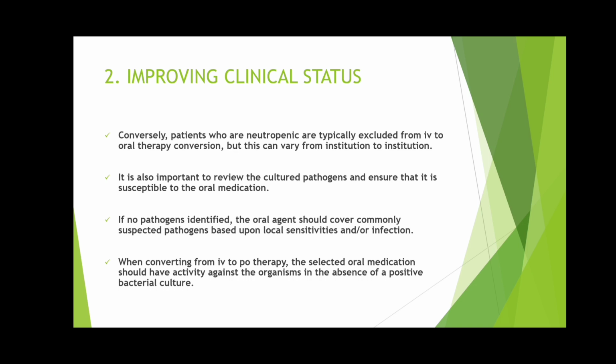It is also important to review the cultured pathogens like bacteria, fungi, etc. and ensure that they are susceptible to the oral medication. If no pathogens are identified, the oral agents should cover commonly suspected pathogens based upon local sensitivity or infection type.